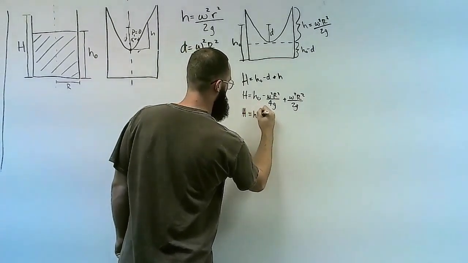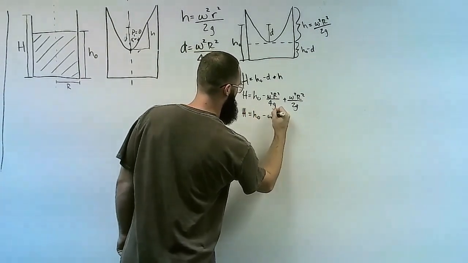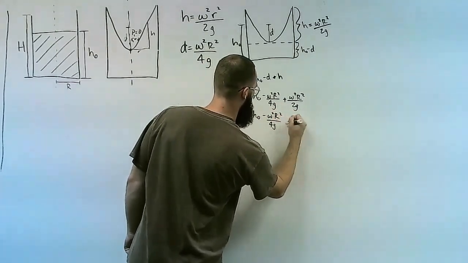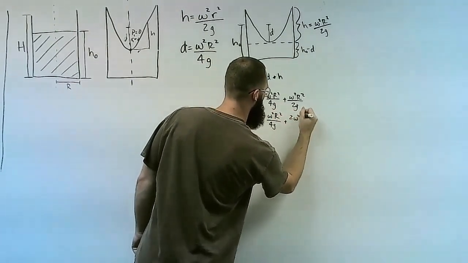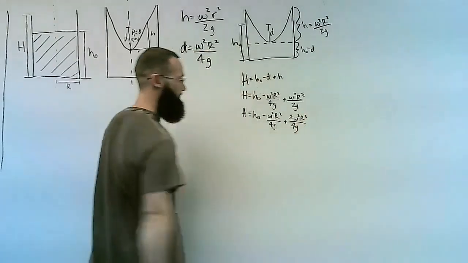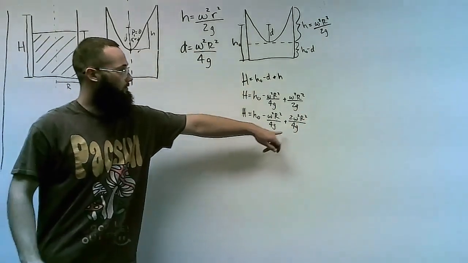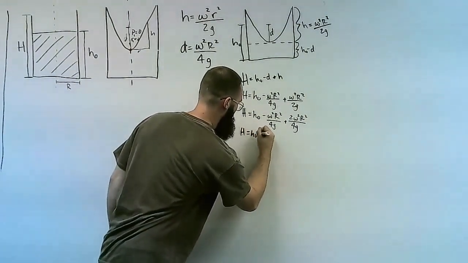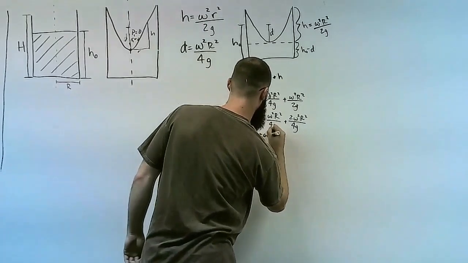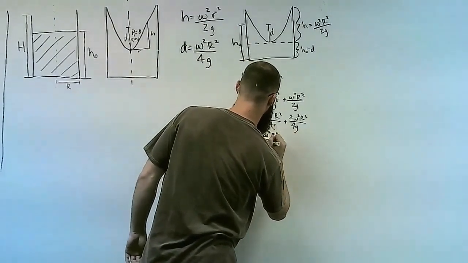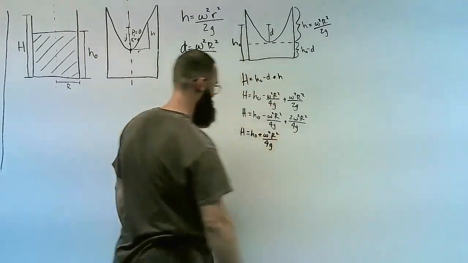So we have h is equal to h naught minus omega squared R squared over 4g plus 2 omega squared R squared over 4g. These cancel, and it leaves us with h is equal to h naught plus omega squared R squared over 4g.